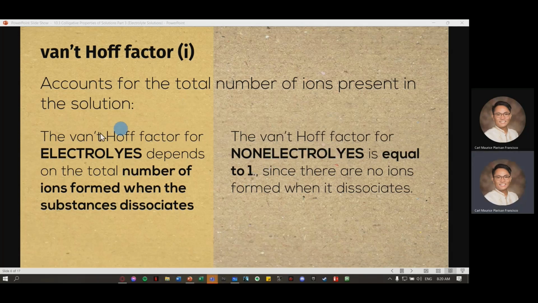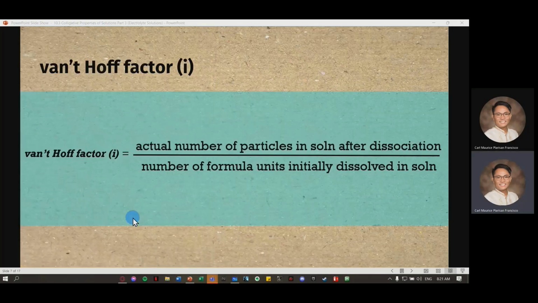Pero kung babalikan yung electrolyte solutions, ito, nagdi-dissociate into ions. So, mabibilang natin. Okay? So, how is the Van't Hoff factor computed? The Van't Hoff factor has this particular equation. Van't Hoff factor, that is i, is equal to the actual number of particles in solution after dissociation all over number of formula units initially dissolved in solution.